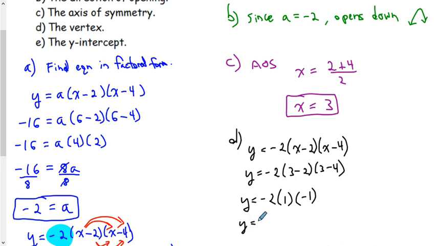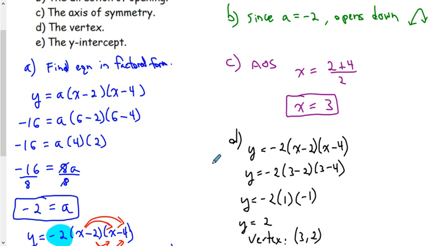So it looks like our y-coordinate is going to be 2. Because negative 2 times 1 times negative 1 is just going to give us 2. Okay, so that looks like our vertex. Say vertex is at x-coordinate of 3, y-coordinate of 2.